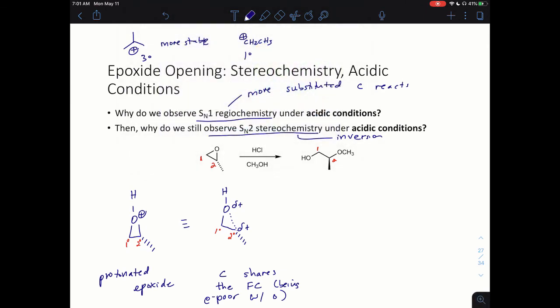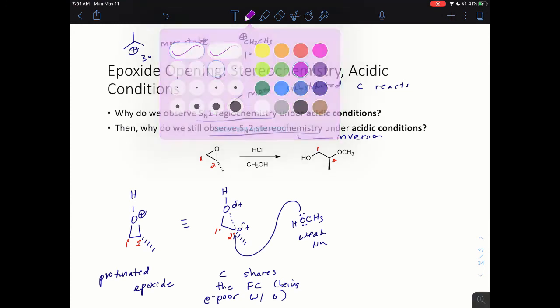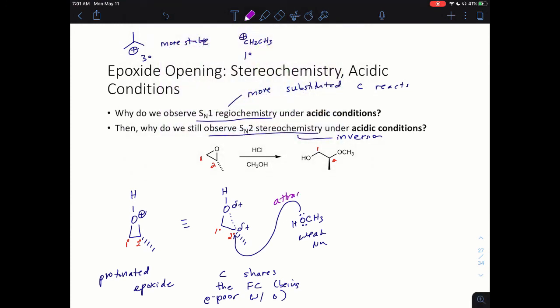So this is what the protonated epoxide intermediate really looks like. It looks like it has shared the partial charge between these two atoms because carbon can help oxygen with that positive charge. So then when methanol, just a weak nucleophile, wanders by, it is attracted to that positive partial charge on the more substituted carbon.